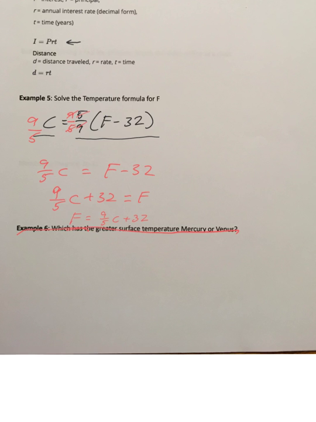Venus, on the other hand, is covered in clouds. Water vapor is a greenhouse gas, and when clouds cover your entire planet, a lot of the heat cannot get out. It's like a blanket that covers your whole planet.